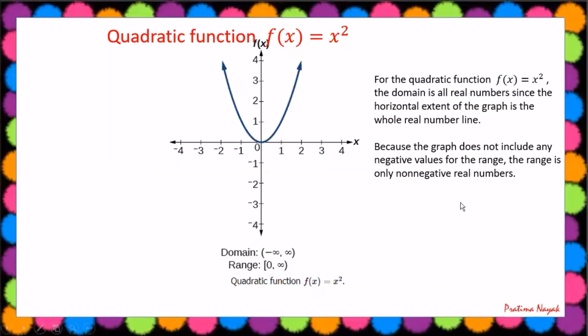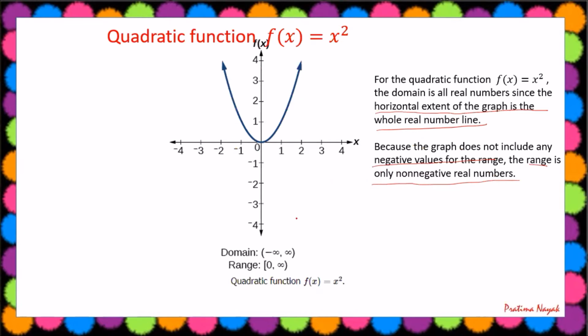So what about the quadratic function, f(x) equal to x squared? Here the domain is all real numbers because the horizontal extent of the graph is the whole real number line. But the graph does not include any negative values of y. So the range is non-negative real numbers.